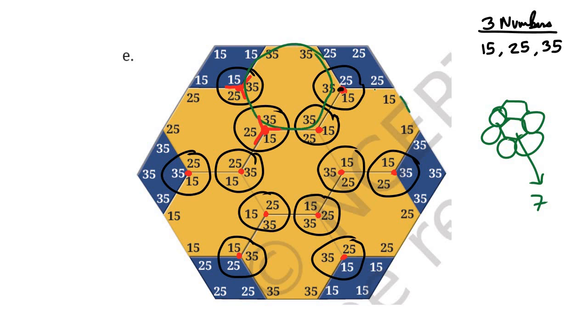Next, this one. You see what is happening in the outer hexagon is that once you have got a junction where on this side there is a number 35, then all the other numbers will be 35, like this. Say on this side it is 15, then all the other numbers are 15. This pattern is for the outer hexagon.